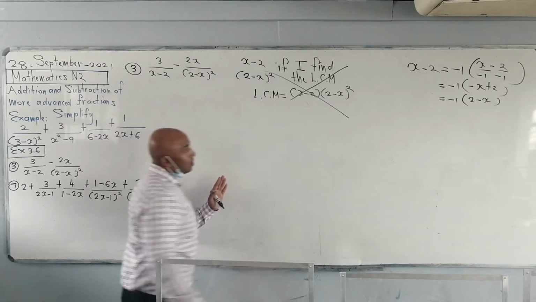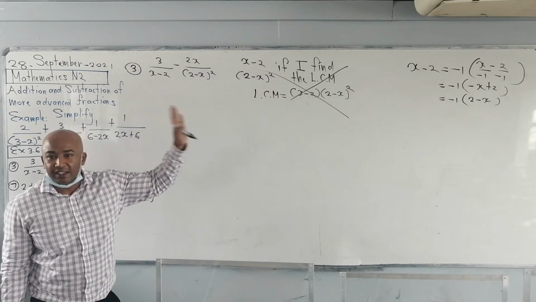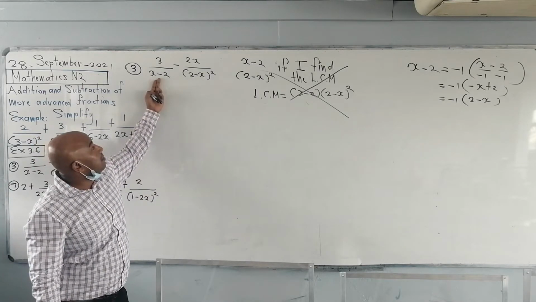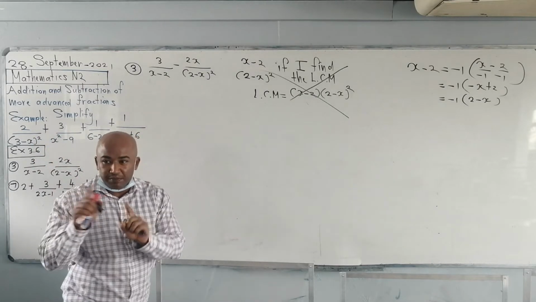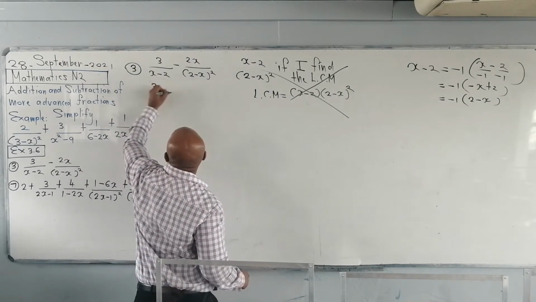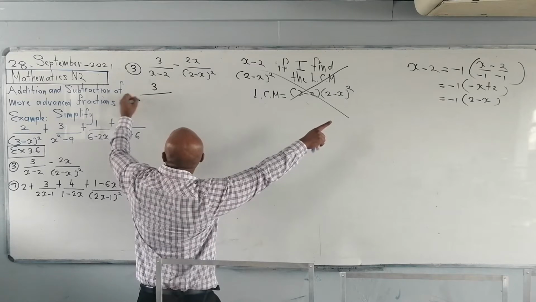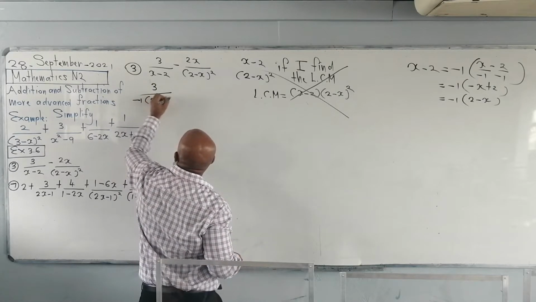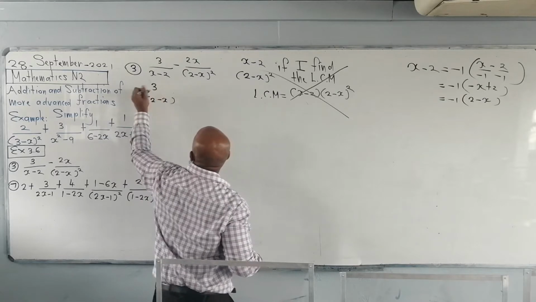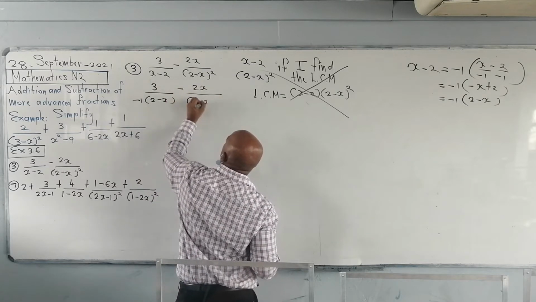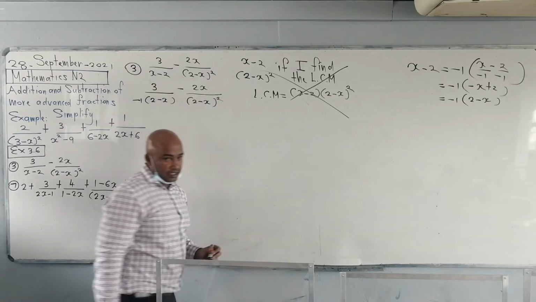Before going and finding the lowest common denominator, check your denominators. If the only difference between them is the sign, then you do this. So I got 3, and what I did there was take out the minus 1, and this became 2 minus x. Minus 2x all over 2 minus x all squared.